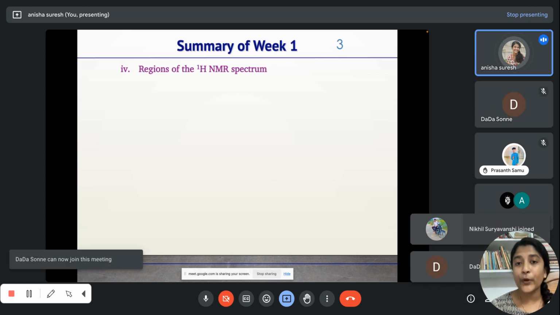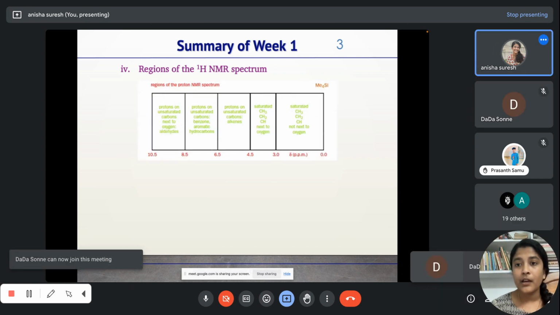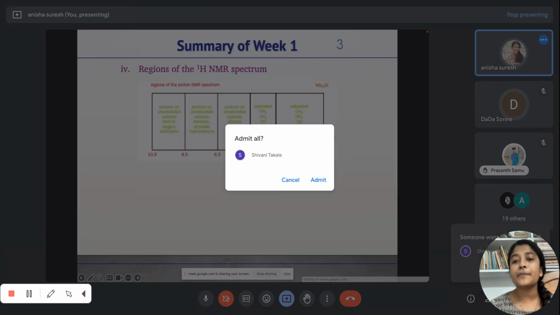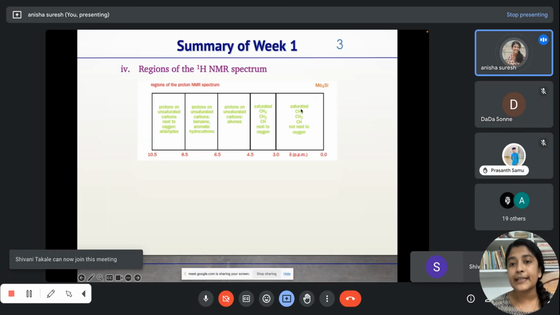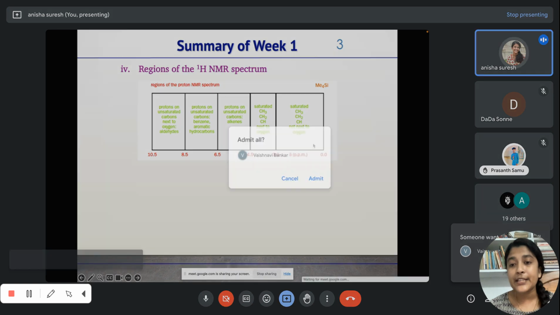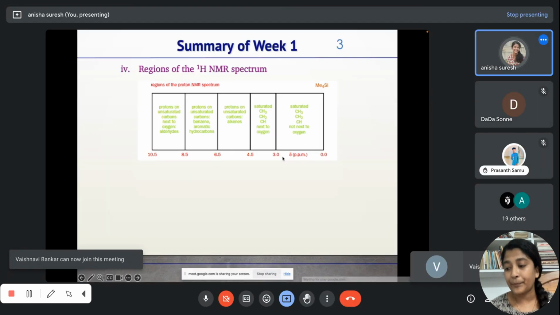Then the regions of the proton NMR spectrum have been discussed, where tetramethylsilane is given as the standard of NMR spectroscopy, having a value of 0 ppm. From 0 to 3 ppm we can see saturated CH3, CH2, CH that are not adjacent to oxygen.